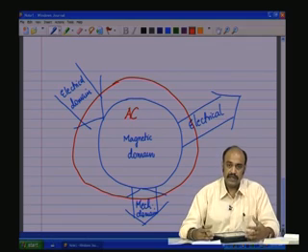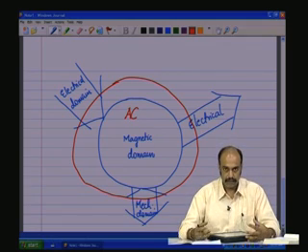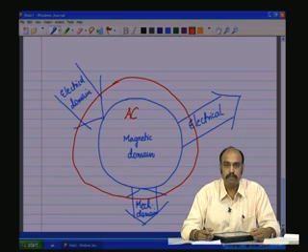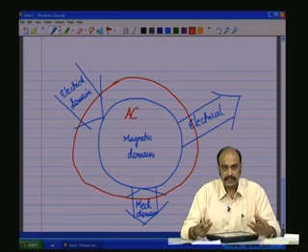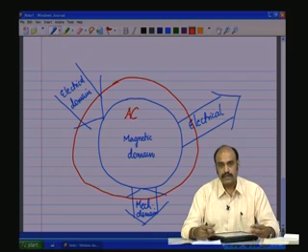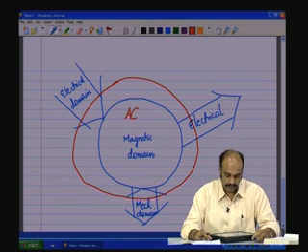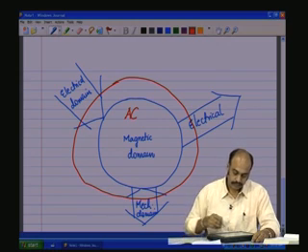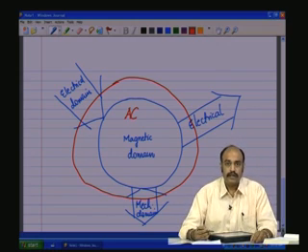So, before we try to understand and learn about the electrical equipments which fall into these categories, like the induction motor, the synchronous motor and generators, 3-phase transformers, they all fall into the category of this multi-domain principle.